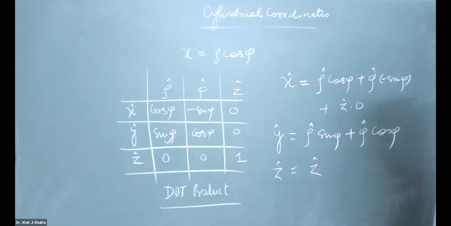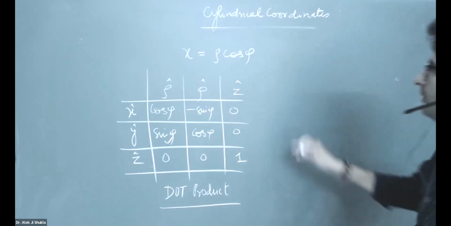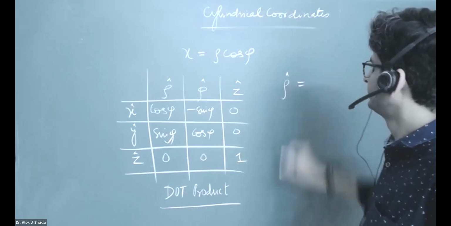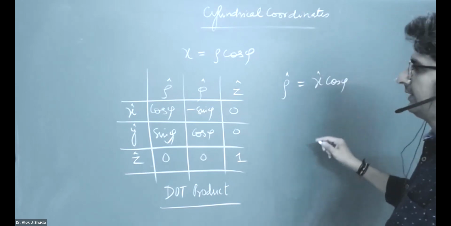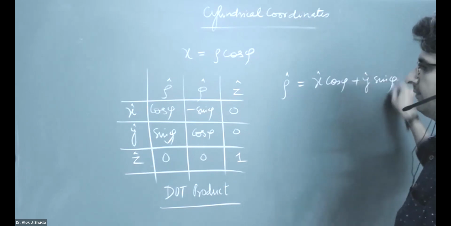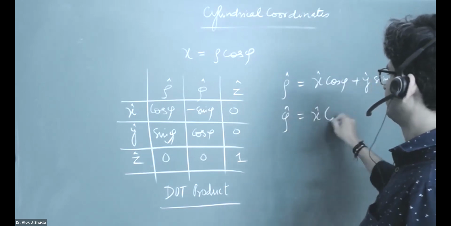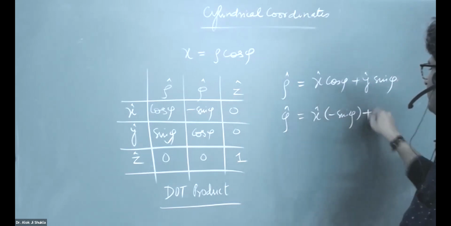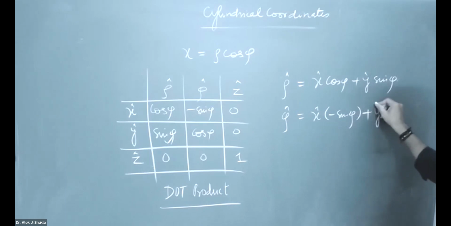If I remove this, suppose I want to write rho cap, now do it by yourself. Then x cap cos phi, y cap sin phi, and phi cap: x cap minus sin phi plus y cap cos phi.